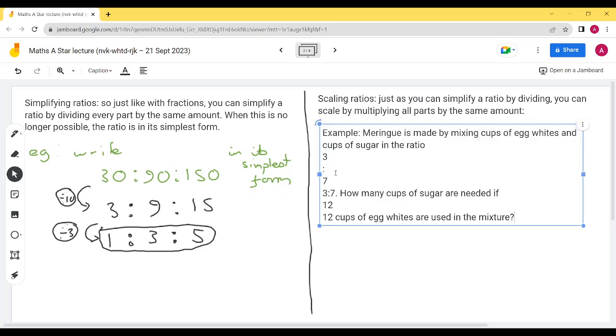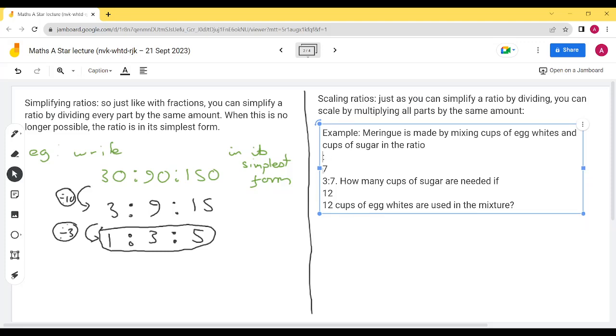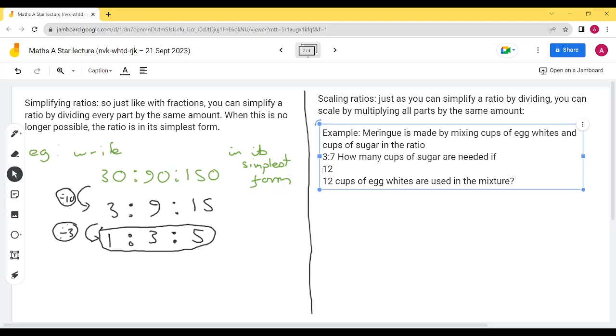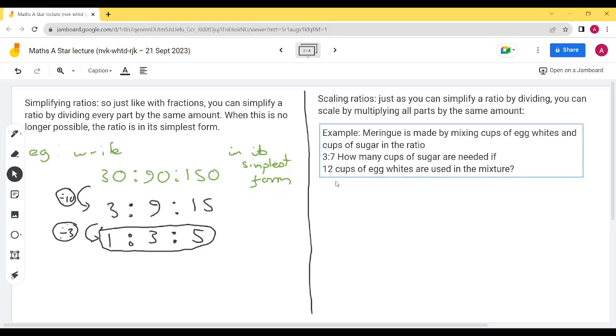So we got a question: meringue is made by mixing cups of egg whites and sugar in the ratio 3 to 7. We asked how many cups of sugar are needed if 12 cups of egg white is used in the mixture.